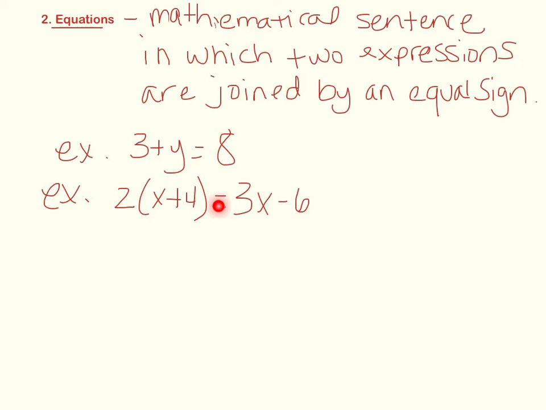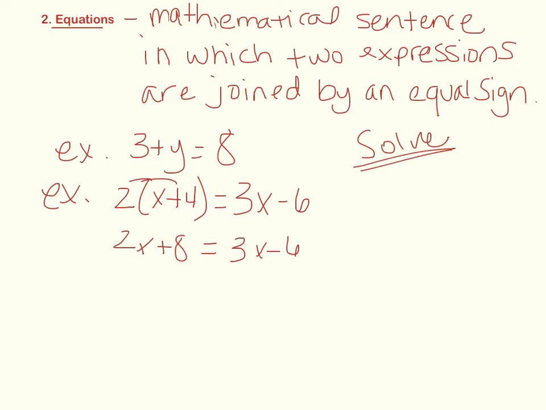So the difference here with the expression we simplified, now here you solve. We're going to solve an equation. So we would distribute our 2 into the parentheses following PEMDAS. 2x plus 8 equals 3x minus 6.